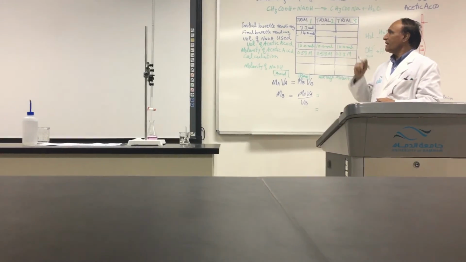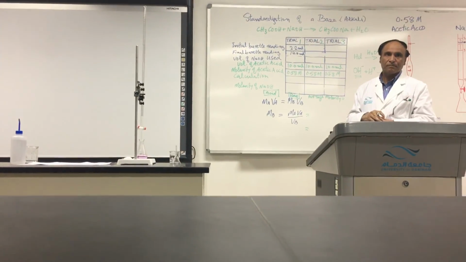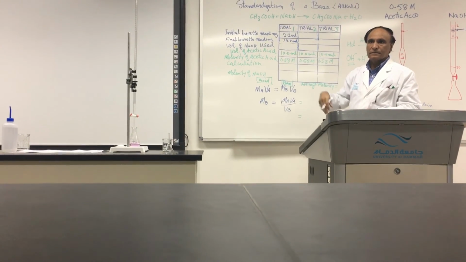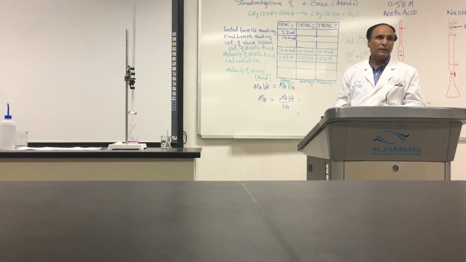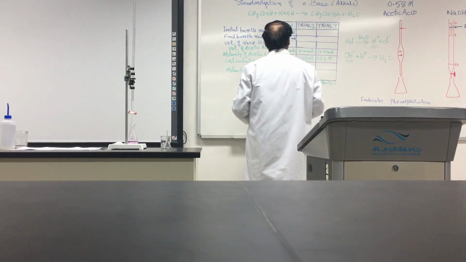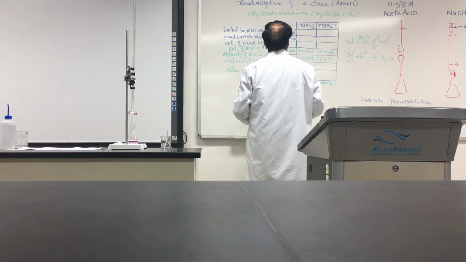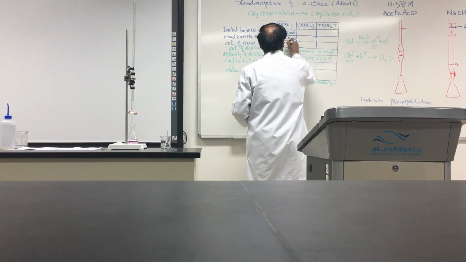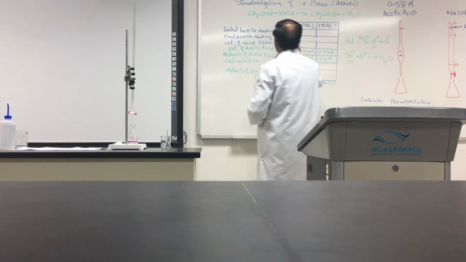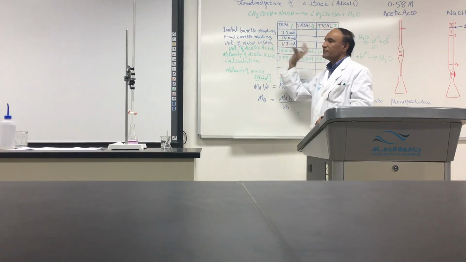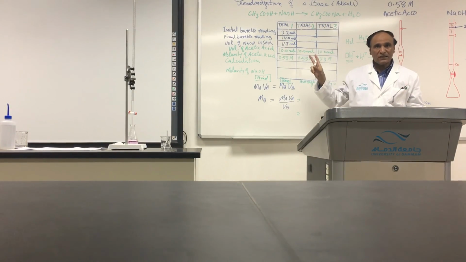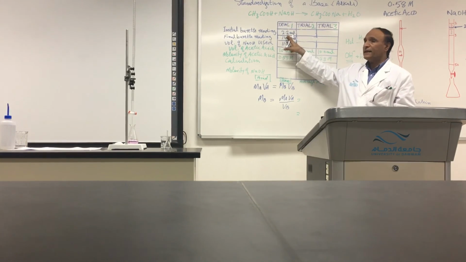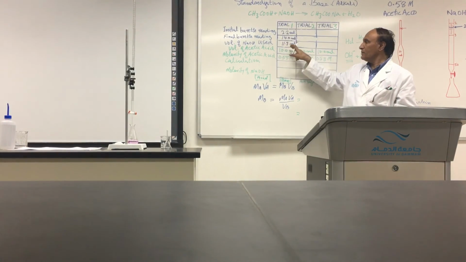How much is the net volume used? 11.8 milli. Is that right? This is the net volume, the volume of the sodium hydroxide used. Did you understand how to write the things? Initial reading, final reading, the difference, the volume used.